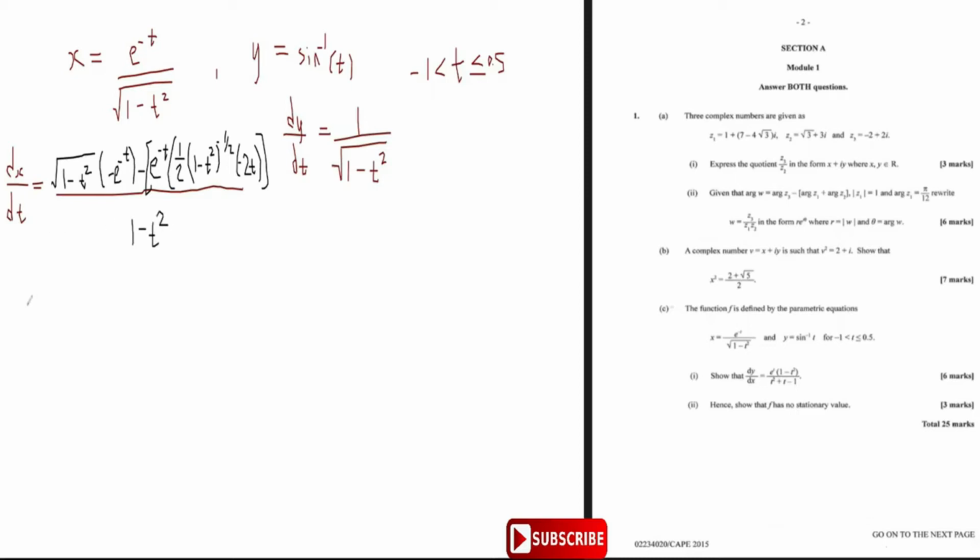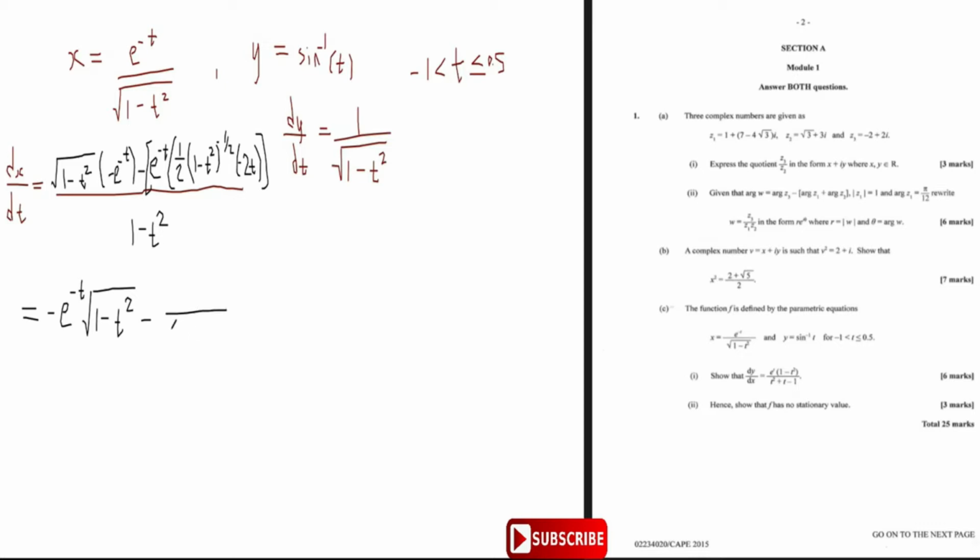So that's dx by dt. Let us simplify it by prettying it up. So dx by dt, by prettying this up, will be minus e to the minus t times the square root of 1 minus t squared, minus, now this part, anything to the minus half, we can put in like a denominator.